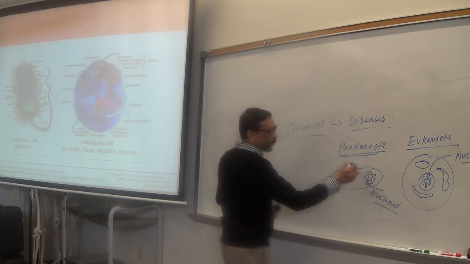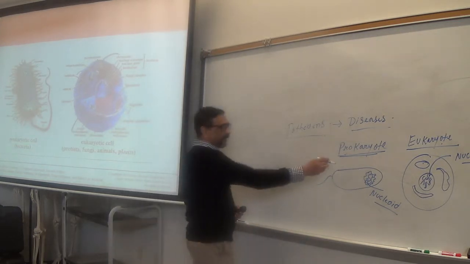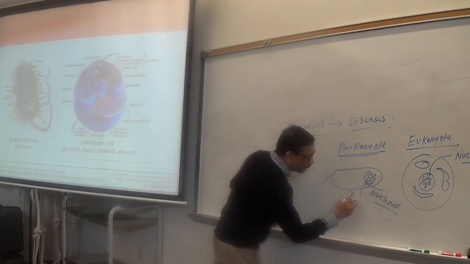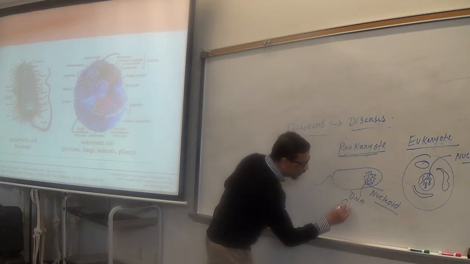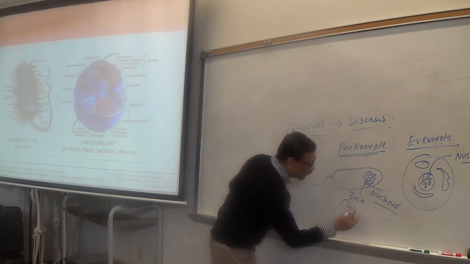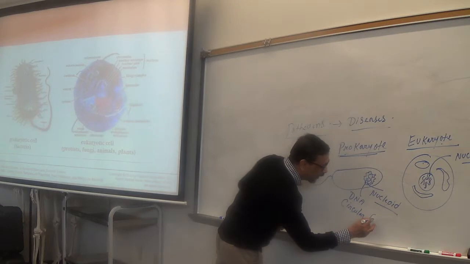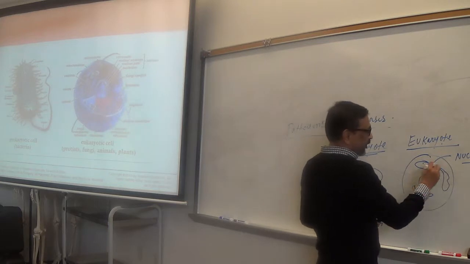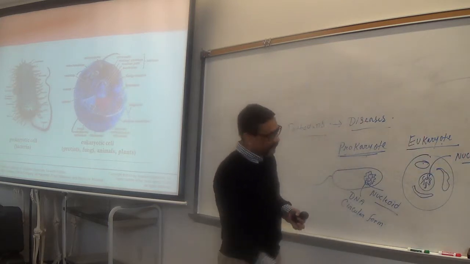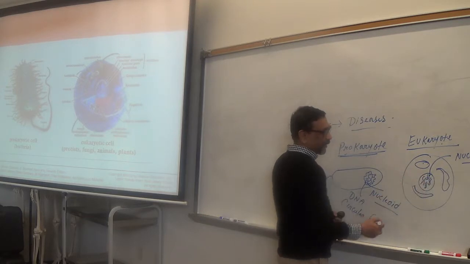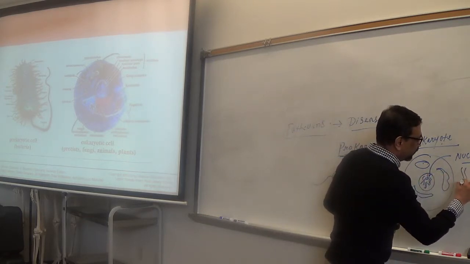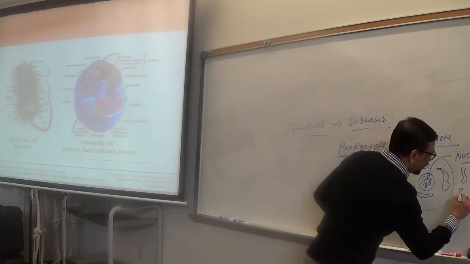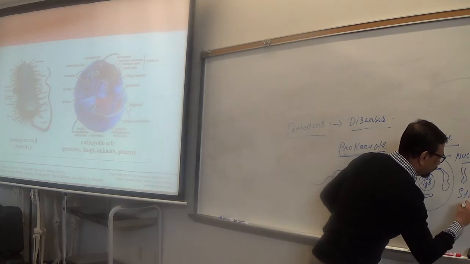No membrane bound nucleus, just DNA in coiled or circular form. So we can say DNA in circular form in bacteria or prokaryotes. Inside the eukaryotes, the DNA is like straight strands, not circular.